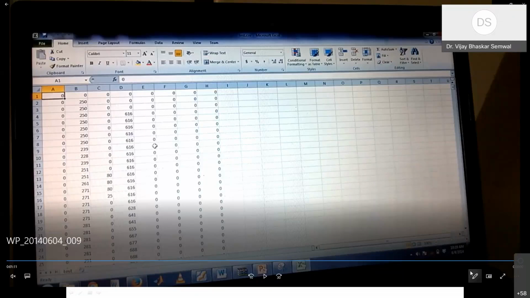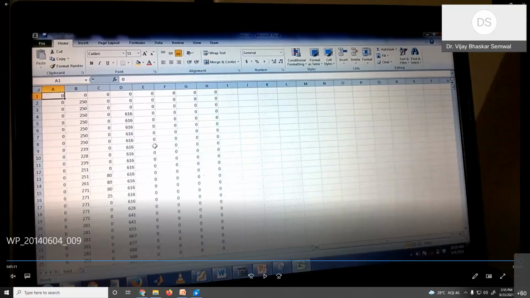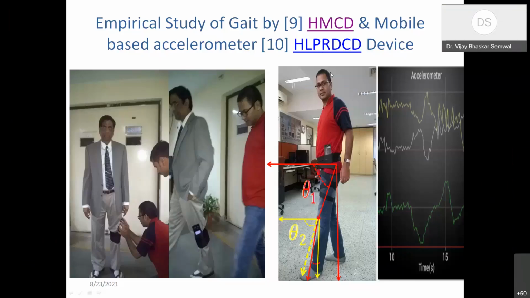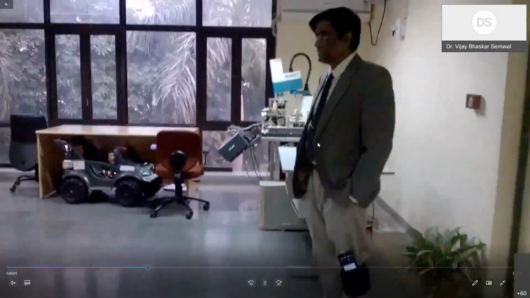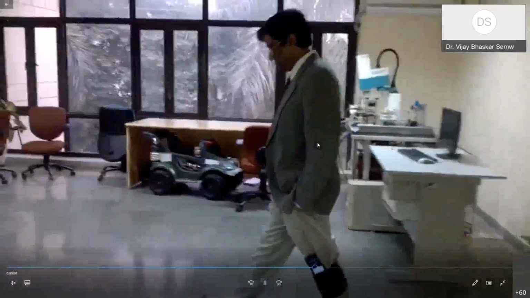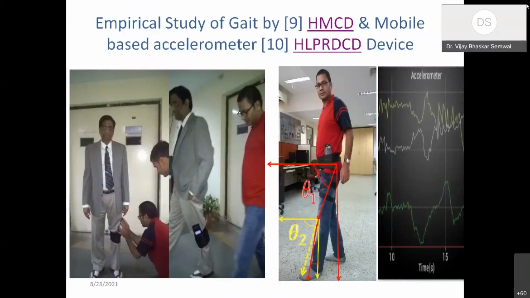So to pre-process the data, we can apply techniques like data smoothing, data averaging, and data normalization, by which we can edit it. In this case, again, I have used a mobile phone sensor, which has a nine-degree IMU sensor.